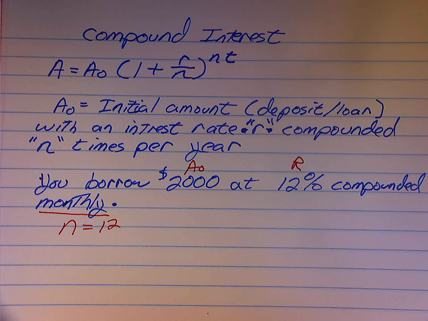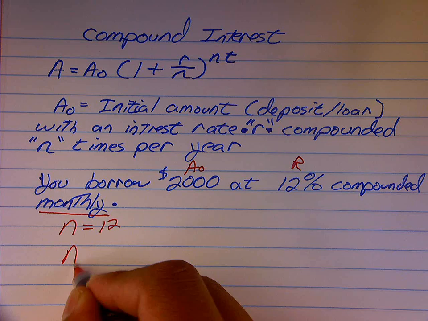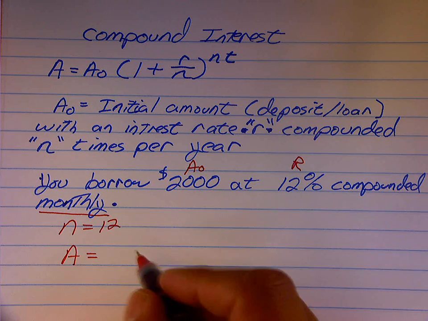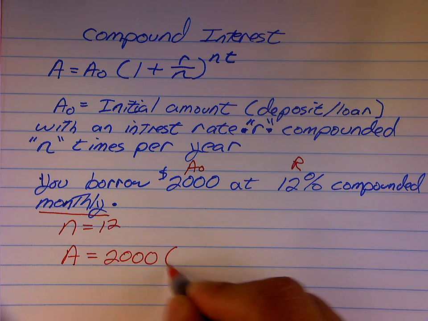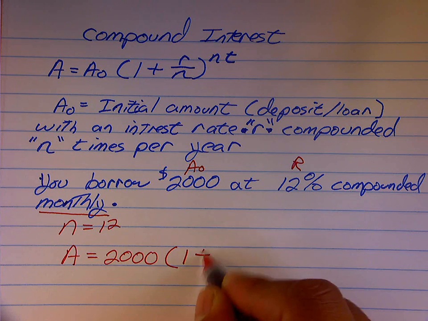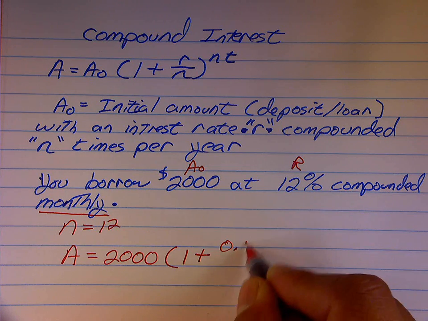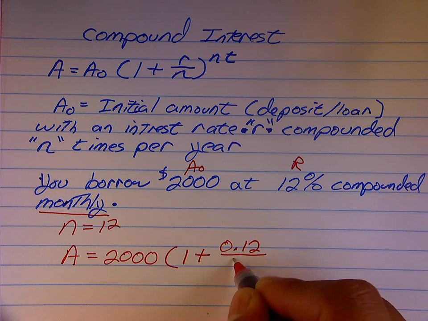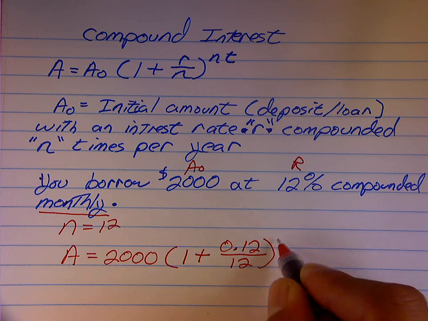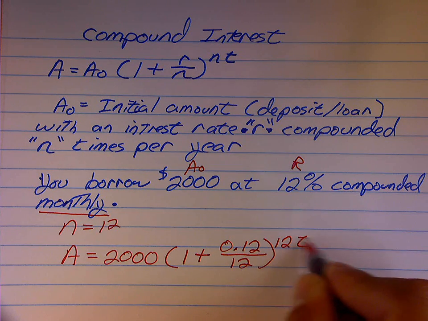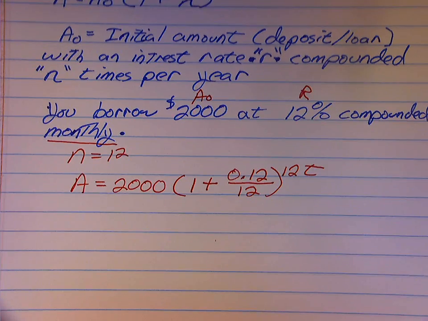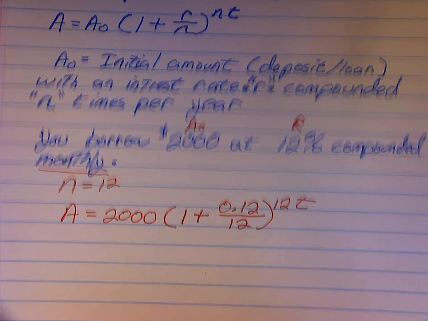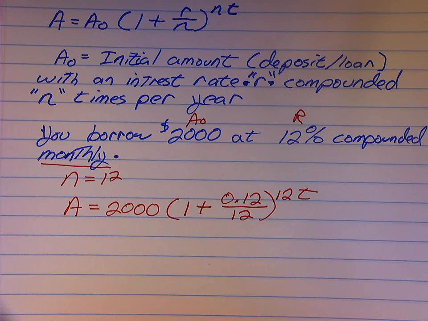So when I set up my formula, my initial amount of $2,000, times 1 plus 0.12 over 12 to the 12t. Now, here's what's very interesting about this formula.